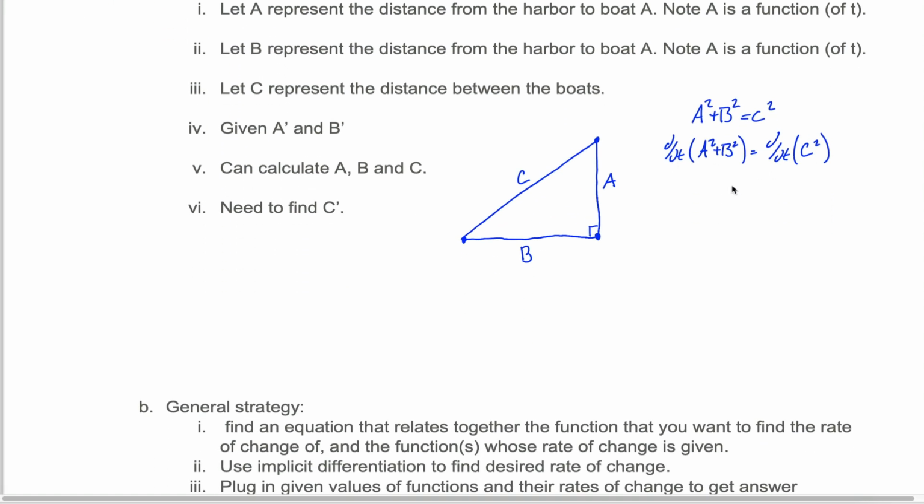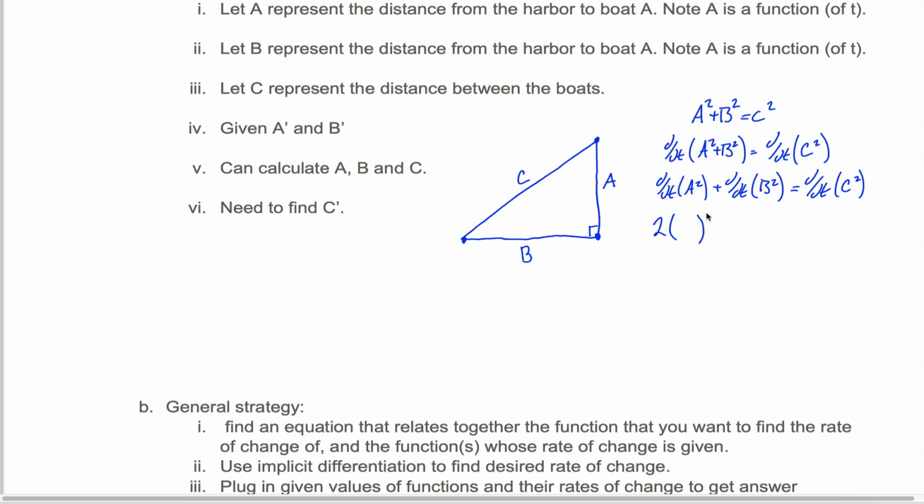All right, so let's take some derivatives. We got the derivative of a sum over here on the left-hand side, so I just take the derivative of each function individually. When you're trying to take the derivative of A squared, it'd be awesome if you were able to see the chain rule going on in there. Same thing is true for the derivative of B squared and the derivative of C squared. I have stuff being squared, so I take the derivative of that outer function using the power rule by bringing the 2 down in front.